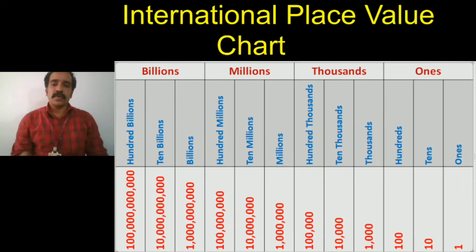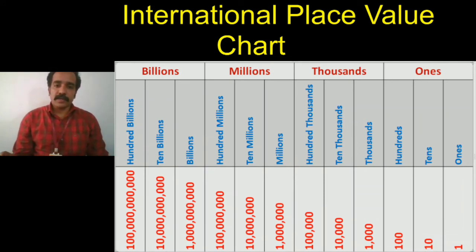The first group, the ones group, has 3 digits, and the places are ones, tens, hundreds. In the thousands group also 3 digits: thousands, 10,000s and 100,000s. After that comes the millions group, also 3 digits: million, 10 million, 100 million. Then comes billion, 10 billion, 100 billion.